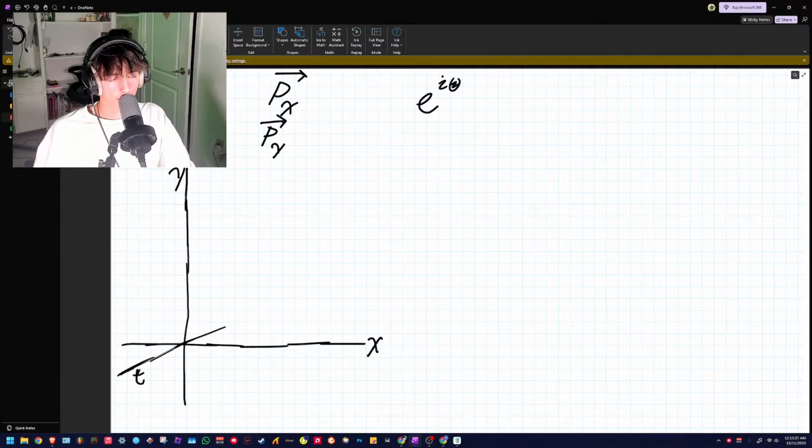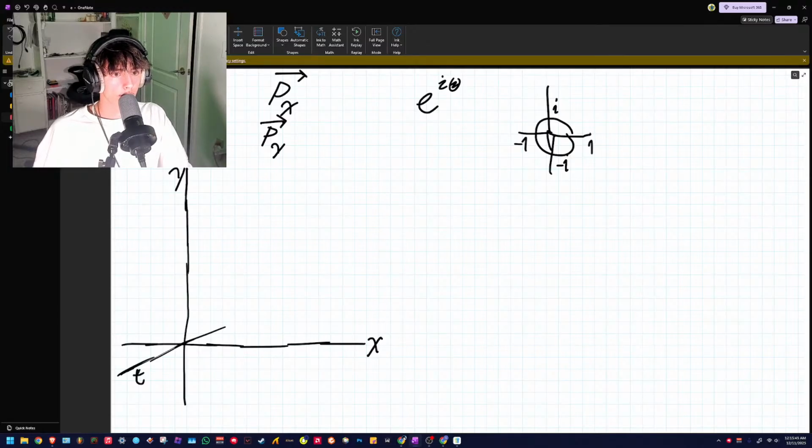Now this is an imaginary numbers type of thing, where we have 1, -1, i, -i, and we want to go around.